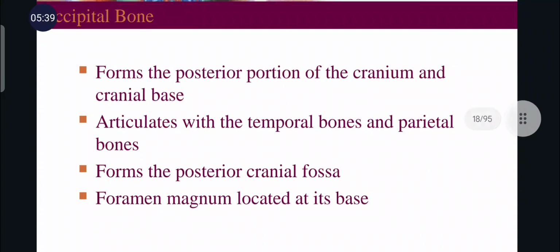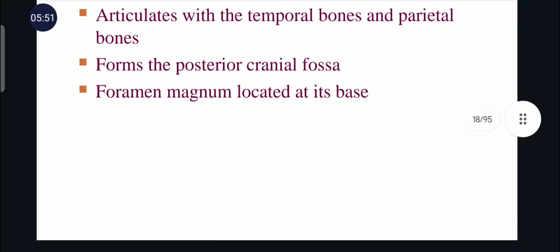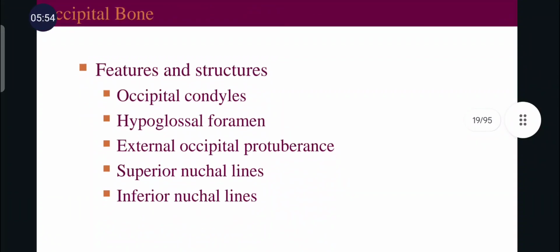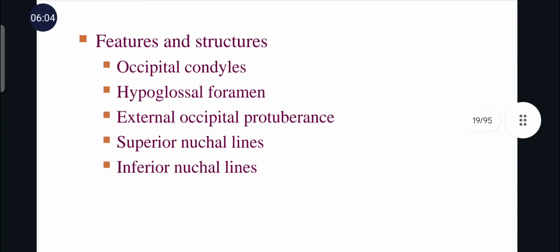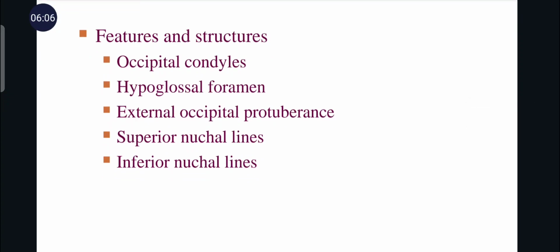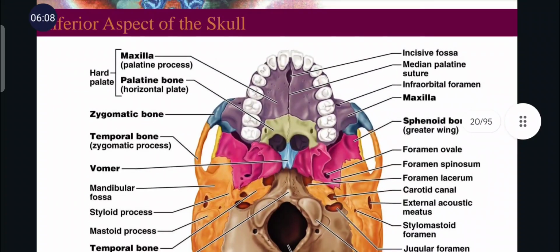Occipital bone forms the posterior portion of the cranium and the base of the cranium. It articulates with the temporal bone and the parietal bone. It forms the posterior cranial fossa, and the foramen magnum is located at the base. The occipital bone consists of structures like the occipital condyle, hypoglossal foramen, external occipital protuberance, and superior nuchal lines and inferior nuchal lines.